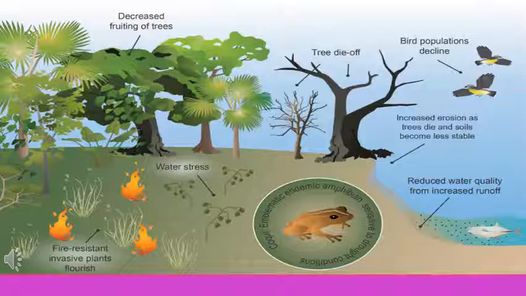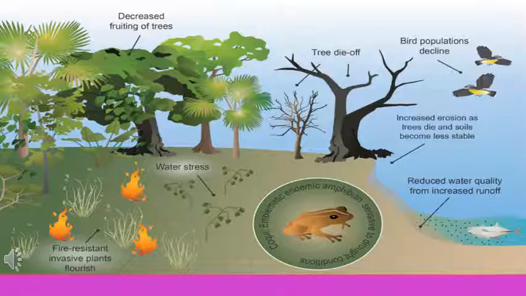Now you see that when we cut down forests, it reduces the water quality because there is increased runoff of water. As there is increased runoff, there is increased silt in the water, and the fish and other animals may die. With this increasing runoff, there is increasing erosion as the trees die and the soil becomes less stable.